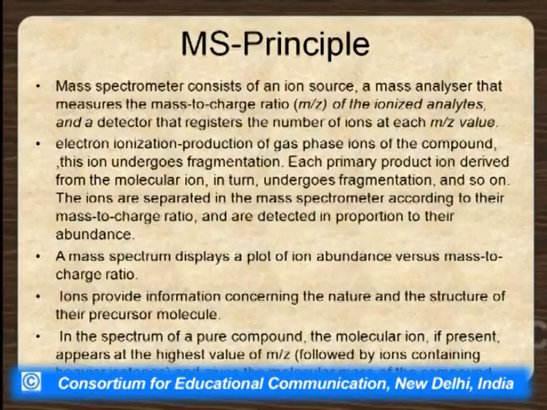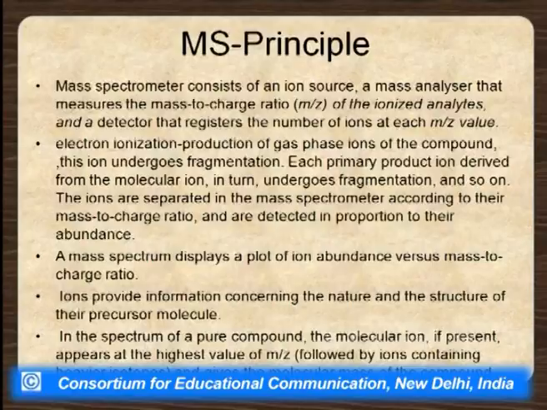This ion will undergo further fragmentation, and each primary product ion derived from the molecular ion will further undergo fragmentation, and they are then separated in the mass spectrometer according to their mass to charge ratio, and detected in proportion to their abundance.